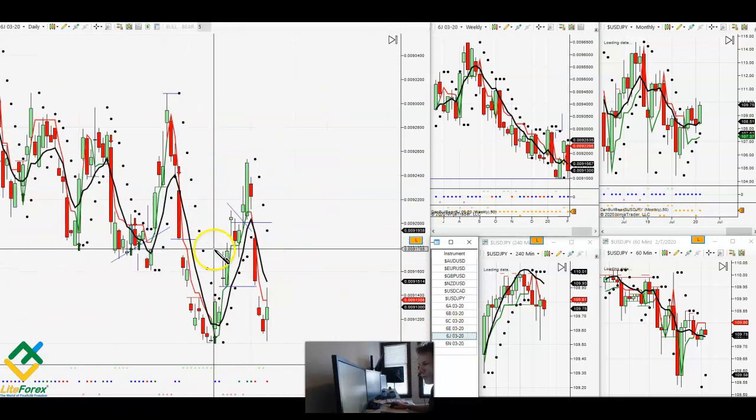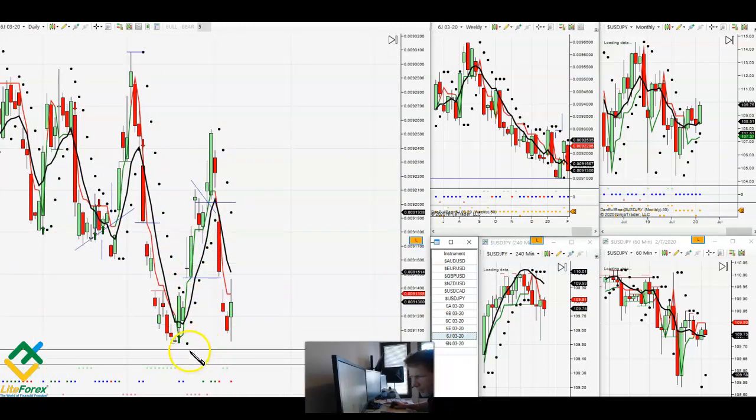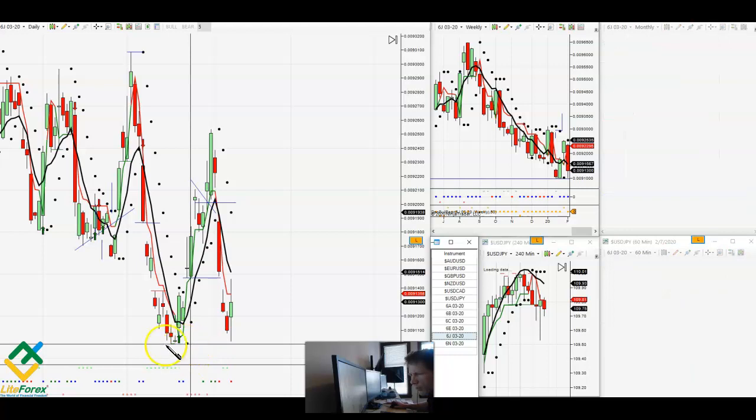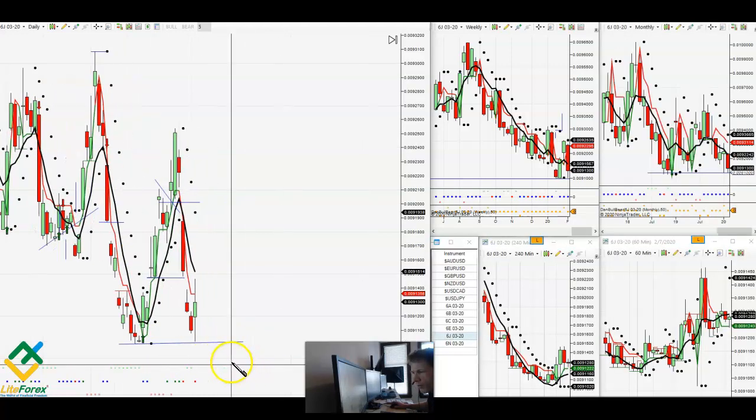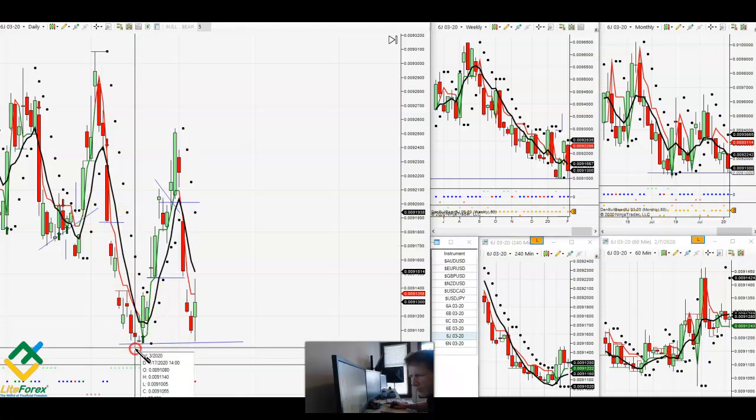Let's take a look at the yen futures. Okay, so the yen futures is definitely holding some support. You can see this is why it's so important to look at more than just the Forex pair of the USD yen. You look at the yen futures and you can see we got some support here, 0.0091005.